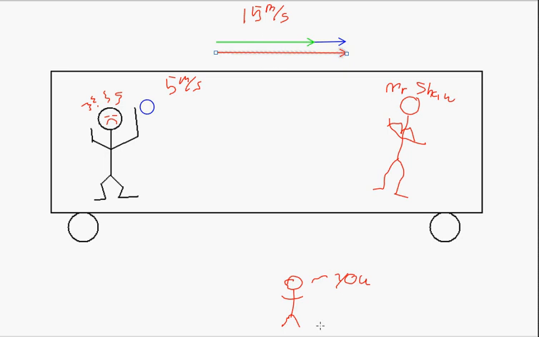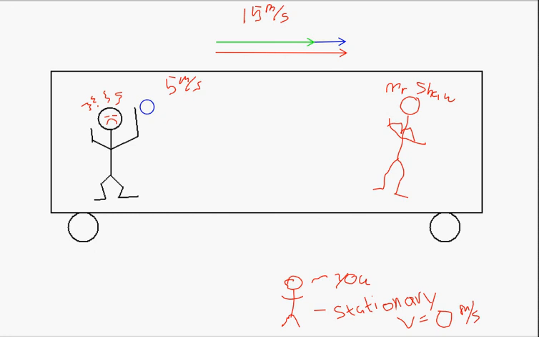You being an observer, let's clarify, you're at the train station. You're what we call in the business stationary, meaning when you're stationary, your velocity is equal to 0. You will see the train going by and you'll see the ball pass you by going 20 meters per second.